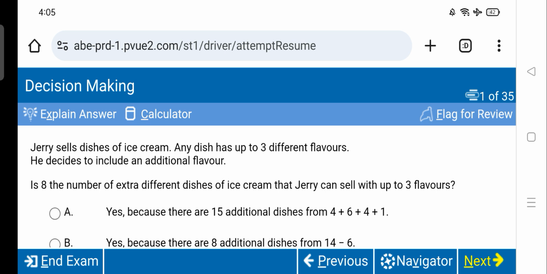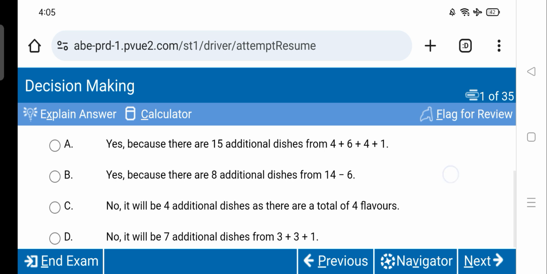to 3 flavors? Option A, yes, because there are 50 additional dishes from 4 plus 6 plus 4 plus 1. Option B, yes, because there are 8 additional dishes from 14 minus 6.